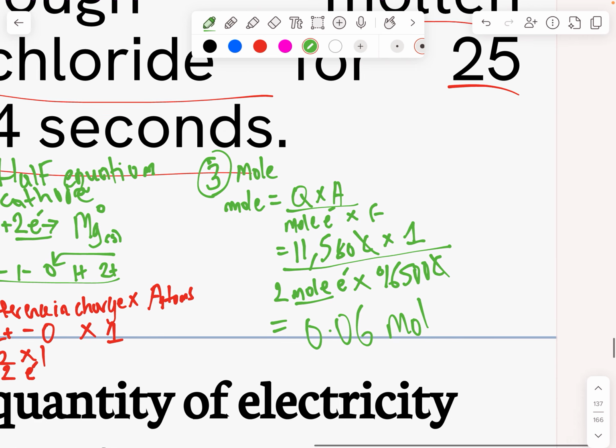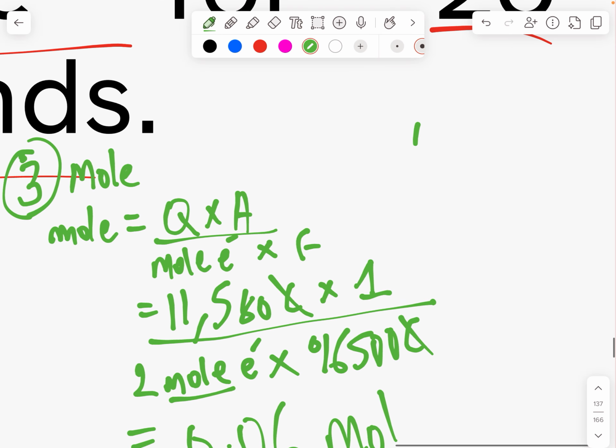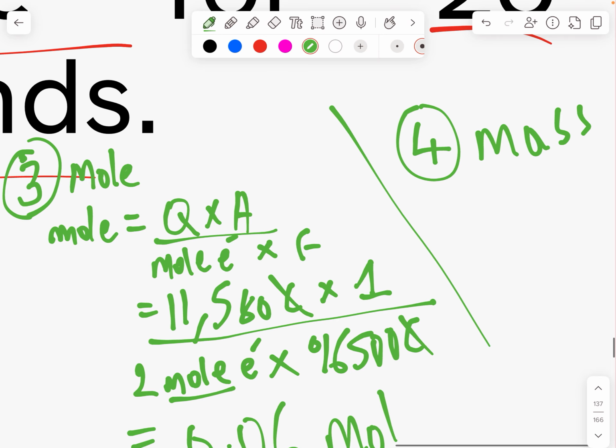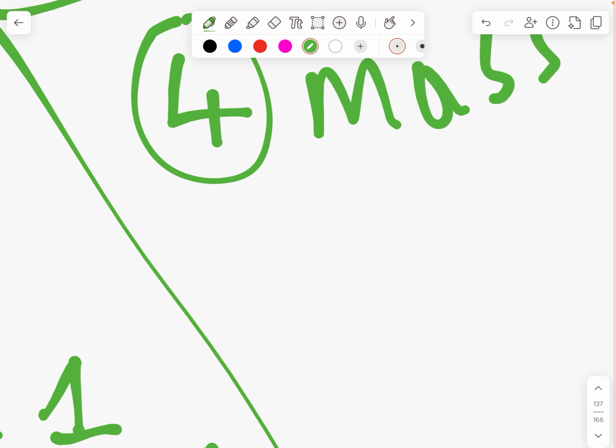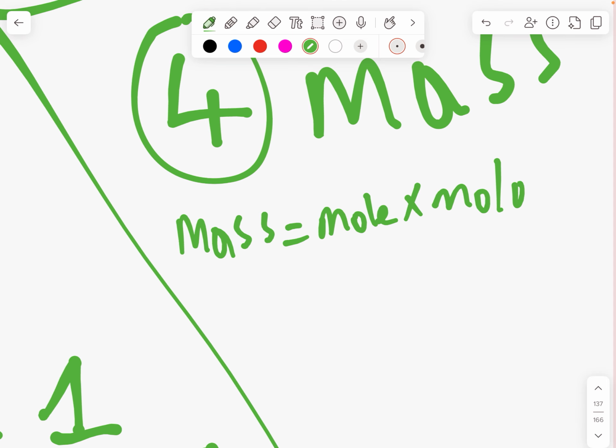Then the last thing that we're going to do is calculate the mass. Mass equals mole times molar mass. The mole that we got was 0.06 mole.